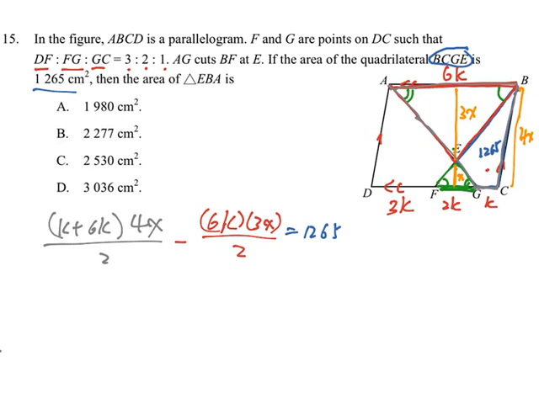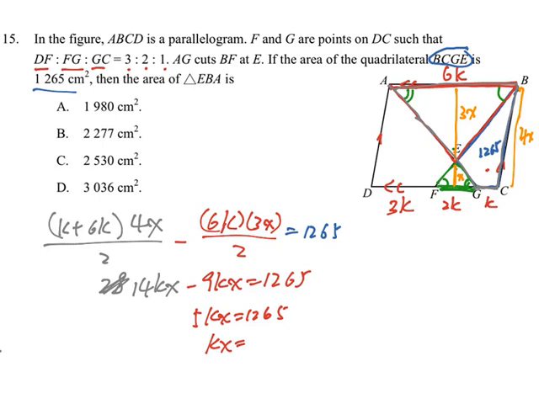Then we simplify. This one is 14kx, and then for this one 9kx, equal to 1265. So that means 5kx equal to 1265. kx is equal to 253.